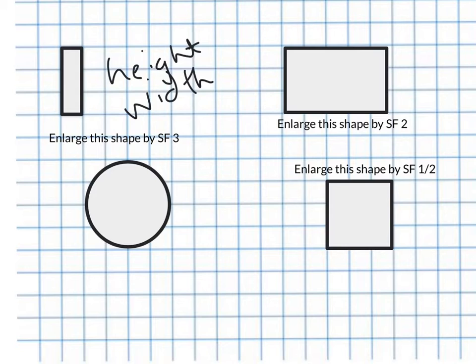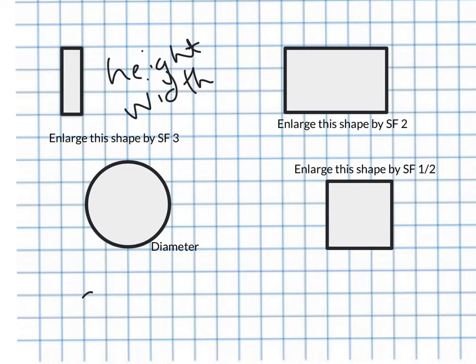Alrighty, same deal for question number 2. This circle, you can see currently the diameter is 1, 2, 3, 4. And I would like you to enlarge this circle by scale factor 3. So can you tell me the new diameter for question number 2?